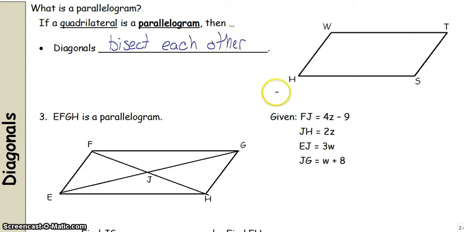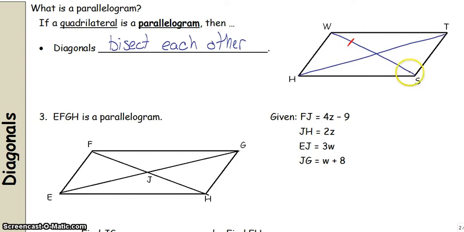Because it's a quadrilateral, there are only 2 diagonals: segment HT in this case, and segment WS. All I know about them is that they intersect each other at their midpoints.